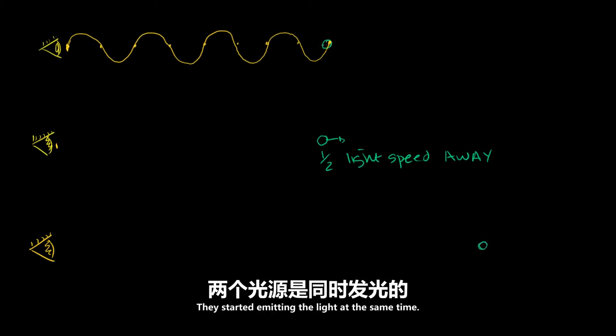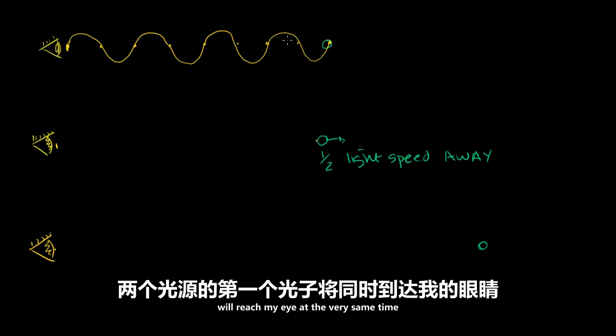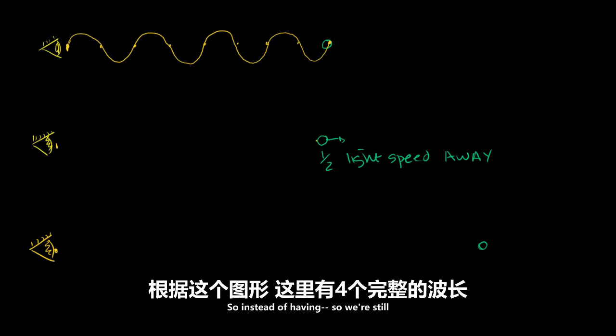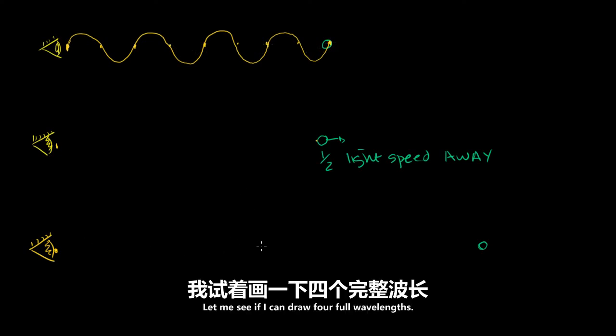But they started emitting the light at the same time. So that very first photon, if you view light as a particle, will reach my eye at the very same time as the very first photon from this guy. So the waveform is going to essentially be stretched. So we're still going to have 1, 2, 3, 4 full wavelengths, but they'll now be stretched. So let me see if I can draw 4 full wavelengths.